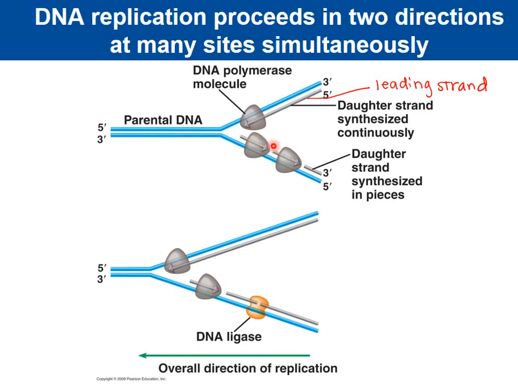And so when DNA replicates, this strand has to be made in these little fragments. And those fragments are called Okazaki fragments. And these are named after the person who discovered it. Now, in addition, because they're made in little pieces, this new strand is called the lagging strand.